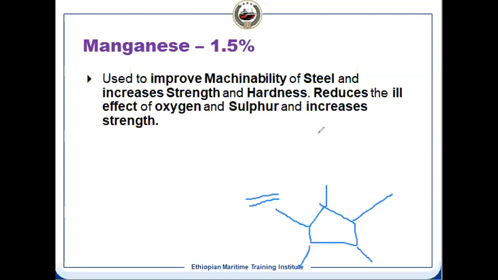When you extract from the earth, it comes out, it will be there. And sulfur, we actually remove by oxidation. These are some of the impurities. So if this sulfur is there, then what will happen? The strength of the material is reduced. So when you add this manganese, these ill effects are eliminated, they reduce. So the ultimate strength is increased.